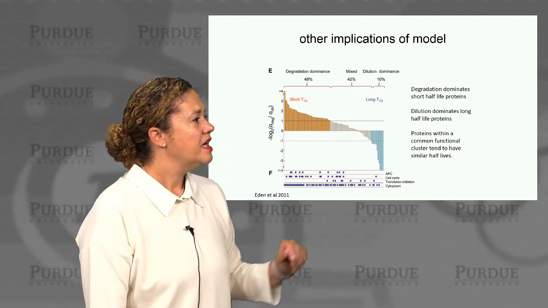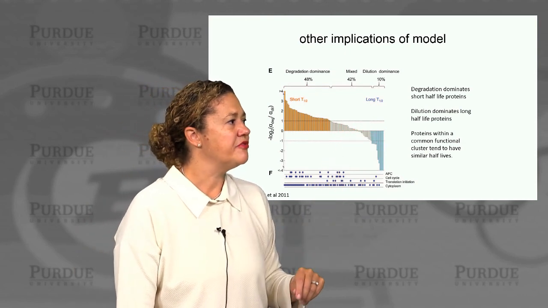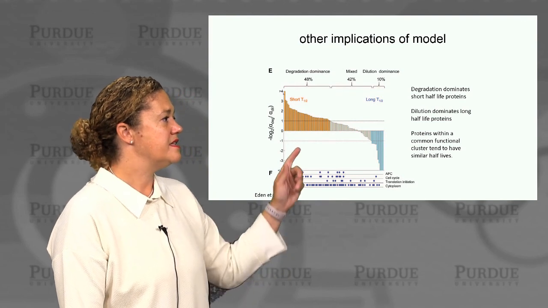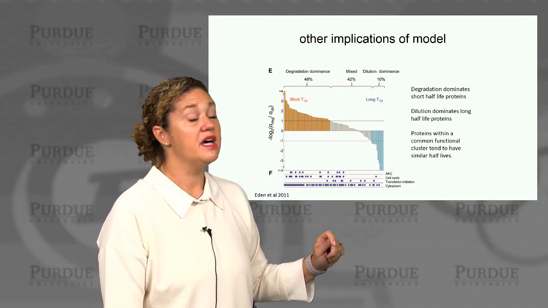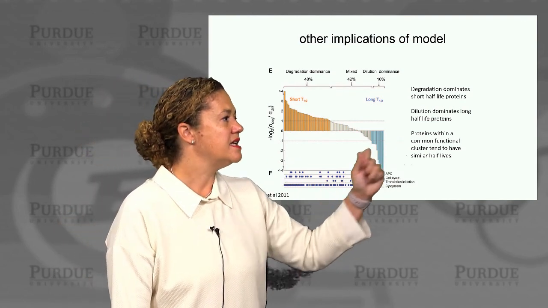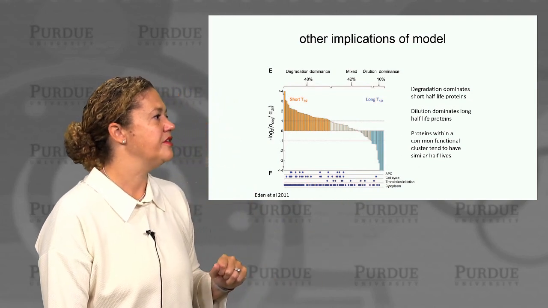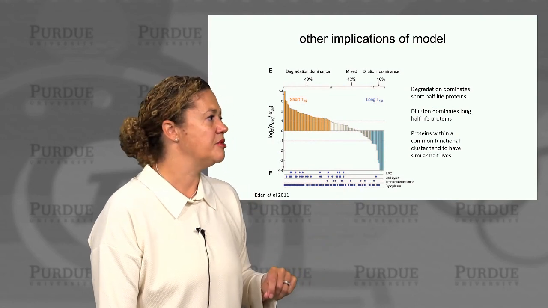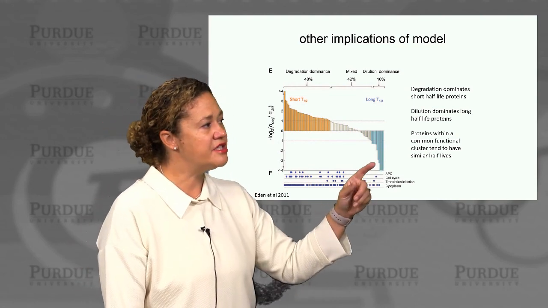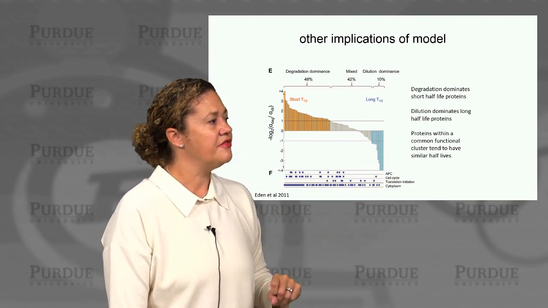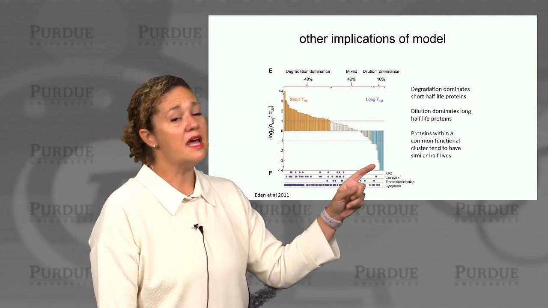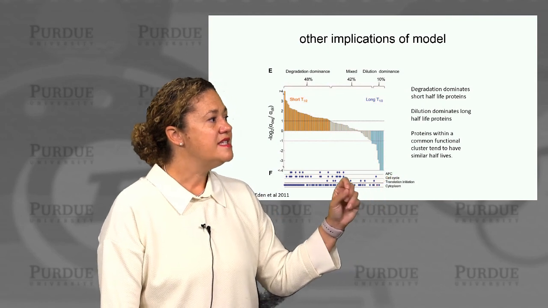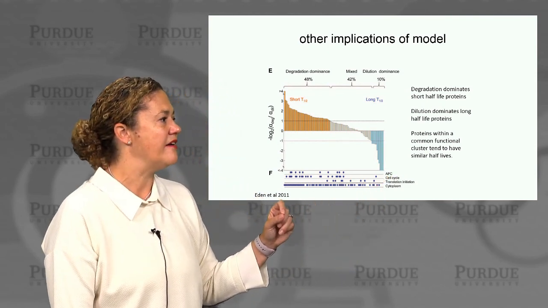Again, this is the concept we talked about before: degradation dominates short half-life proteins, in this case about 48% of the 100 proteins they looked at. Dilution dominates the half-life of about 10% of the proteins they looked at. The other interesting thing that came out of their analysis was that, to some extent, proteins with a common functional cluster tended to have similar half-lives.